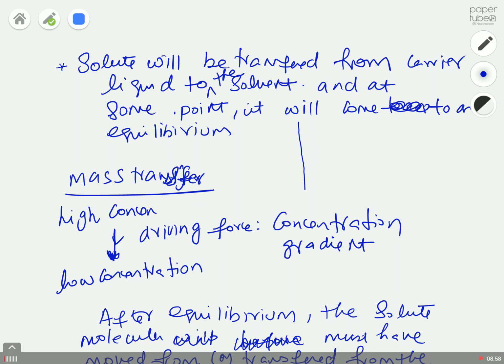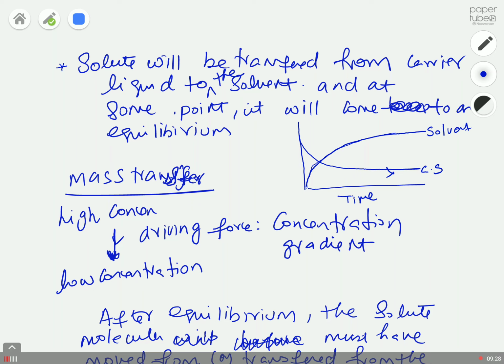Just imagine you have some facility to monitor the concentration of your solute in the solvent and the concentration of your solute in your carrier liquid or in your feed mixture. The concentration in the carrier liquid will decrease, and the concentration in your solvent will continuously increase. So what's happening is some physical process. It's not a chemical reaction, it's purely a physical process.